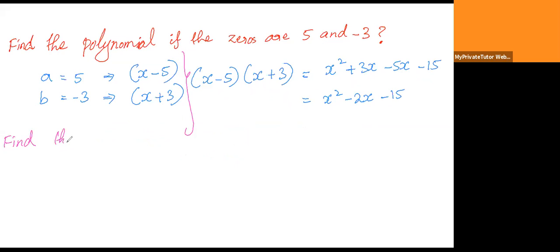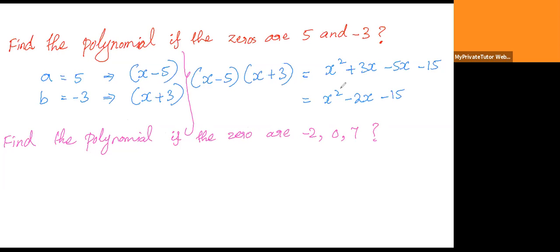Find the polynomial if the zeros are minus 2, 0, and 7.